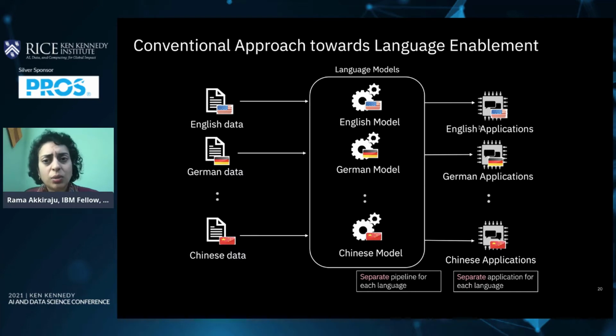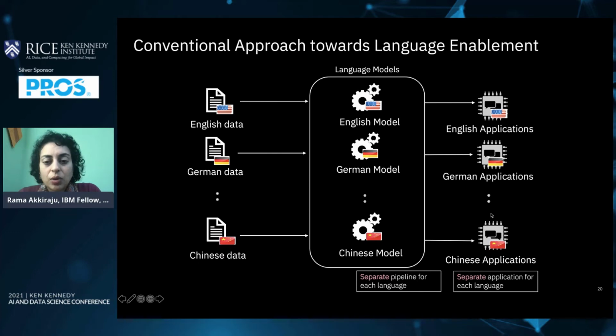So conventional approaches for language enablement has been that for each language, you take labeled data and you build a model and you deploy that for that particular language-based application. So you take English data, train an English model, say speech-to-text model, and you have an English speech-to-text application. If you are enabling it for 15 other languages, for each language you take that corresponding data, you train a corresponding model, and then you have another one.